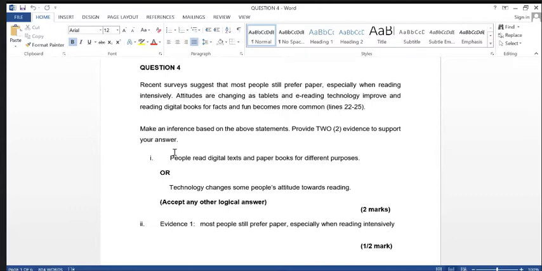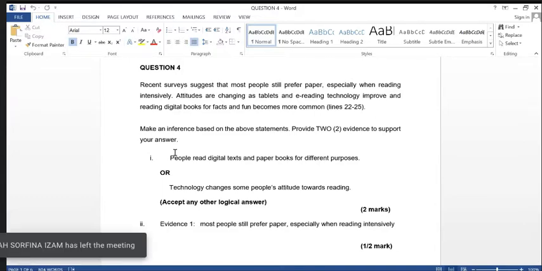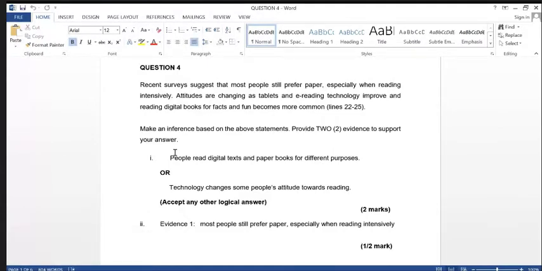But inference is beyond that. So kalau dia kata people still prefer paper, especially when reading intensively. So sebaliknya, kalau dia tak read intensively, ada tak kemungkinan dia prefer another platform or another type of reading material? In this context, we are talking about printed versus screen, kan?